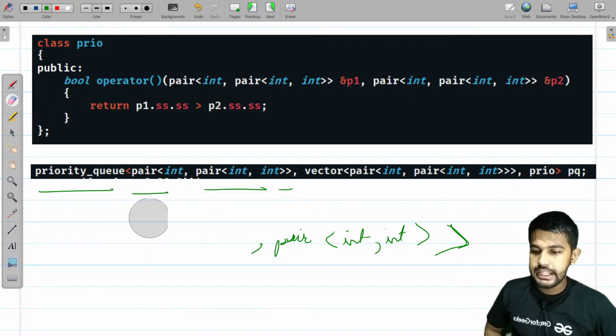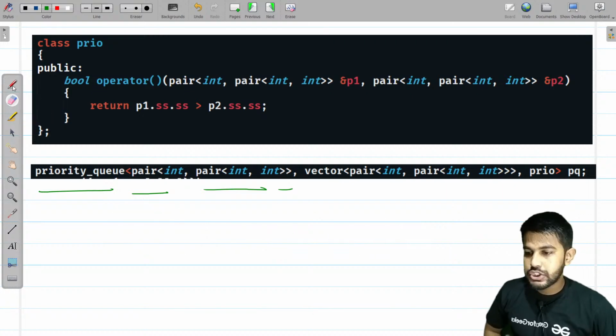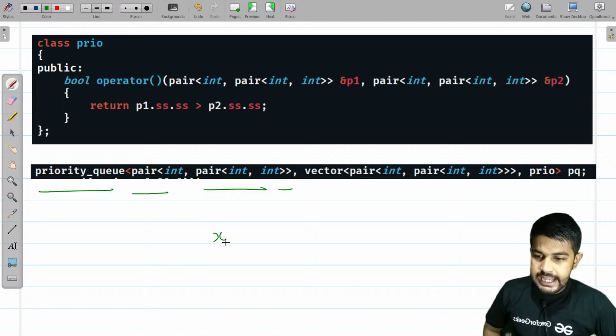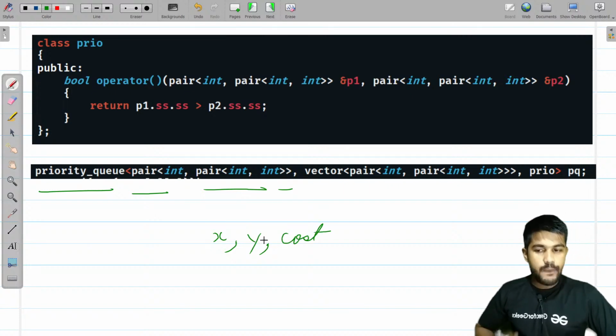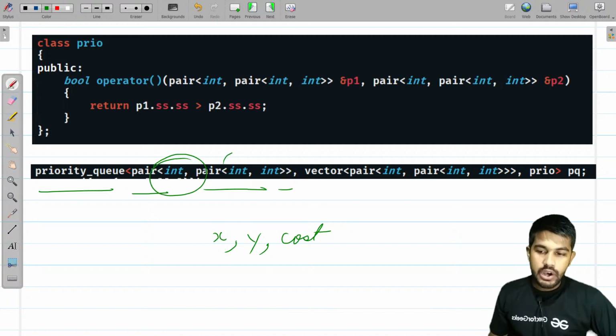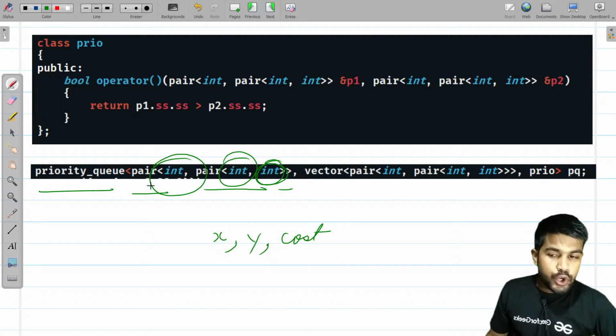I would be storing the x-axis and y-axis and then the cost. That is how I would be storing it. So what is the location of the x-axis?